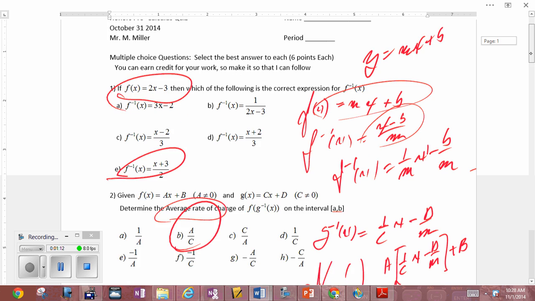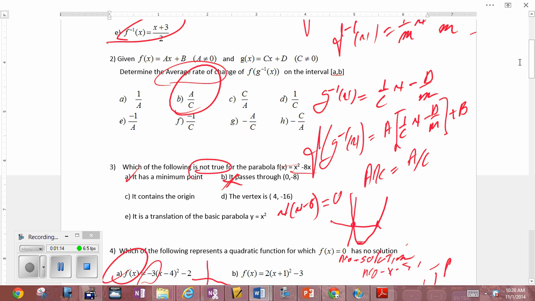Okay, that idea was carried over into the next problem, where you were asked to find the average rate of change of the composition of one linear function and its inverse. The average rate of change for any linear function is nothing more than the slope.